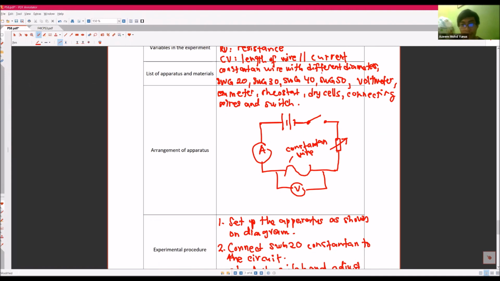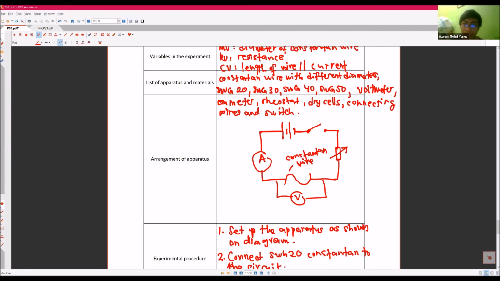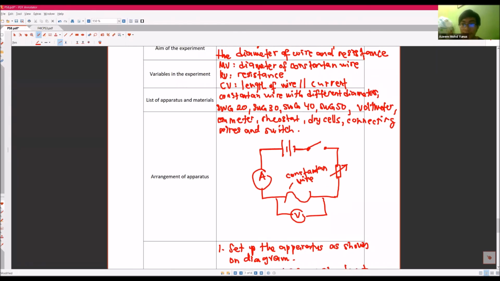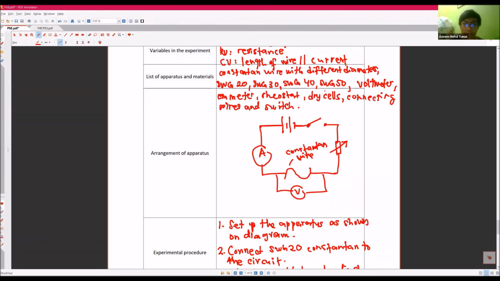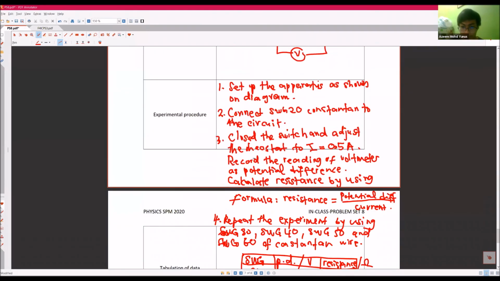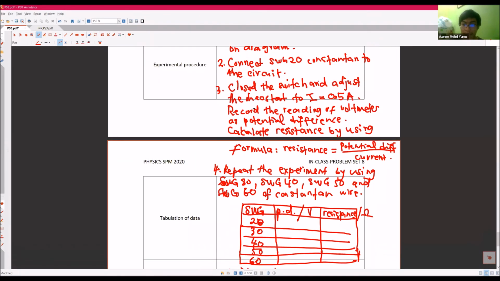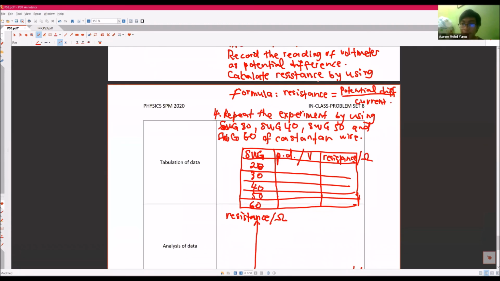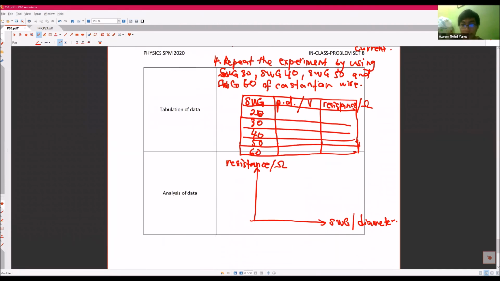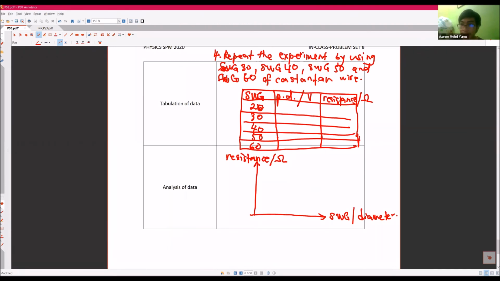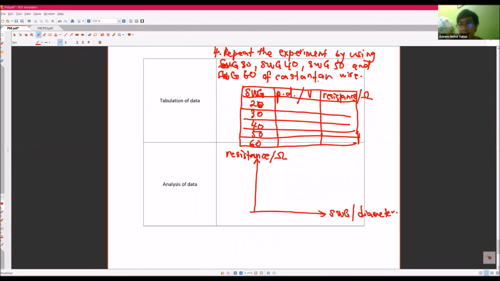If the MV is the length of wire, then you have to use a constantan wire with a different length. And then also the variables as well. So I think you can answer this question correctly if you have enough practice, if your memory is good. So make sure that you practice a lot of questions relating to electricity and electromagnetism for full 5 experiment.